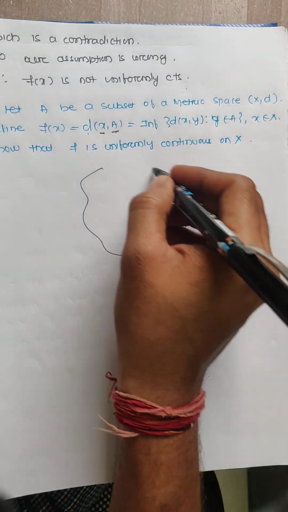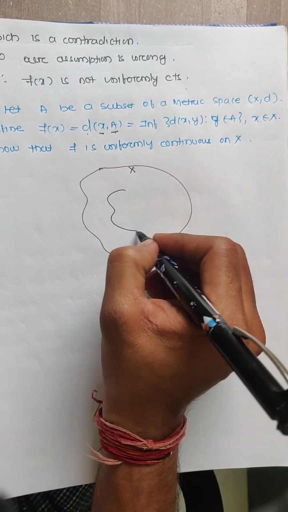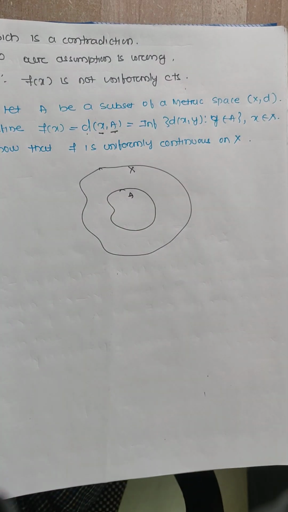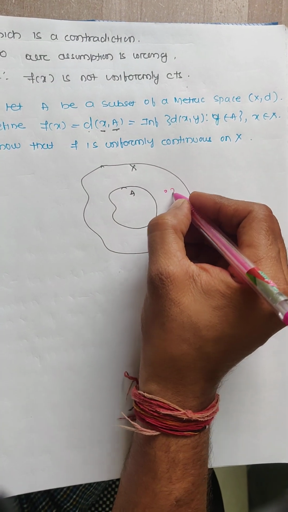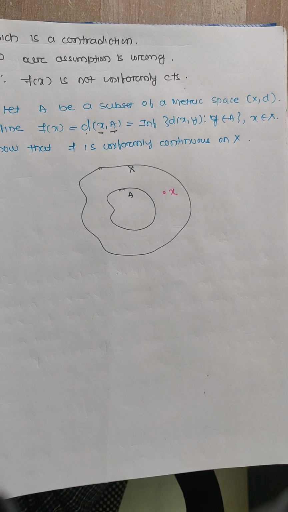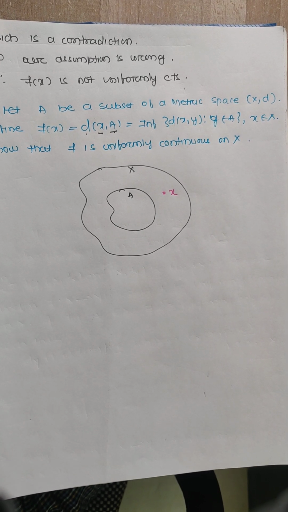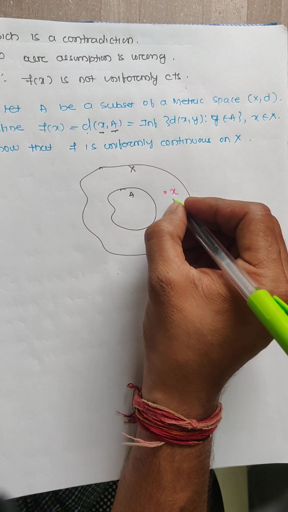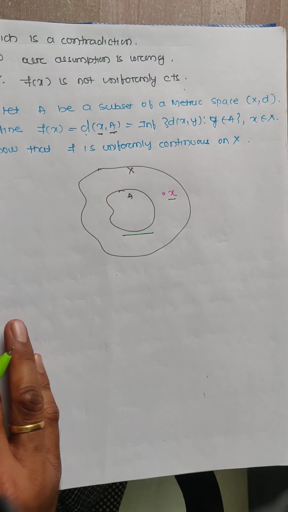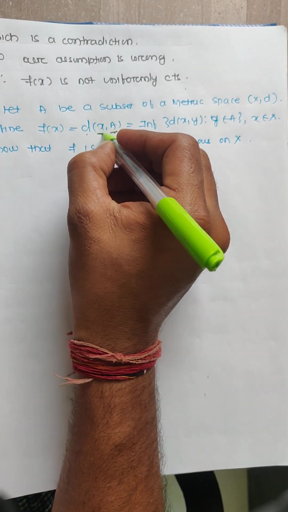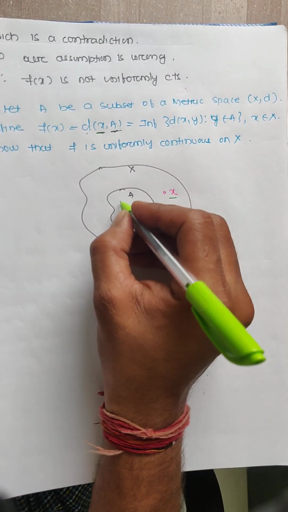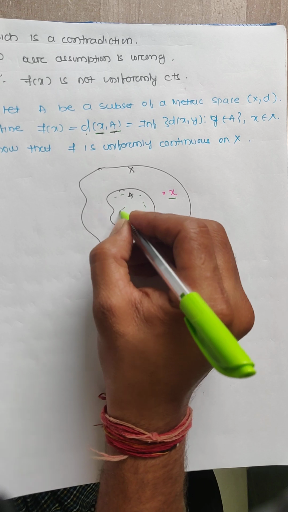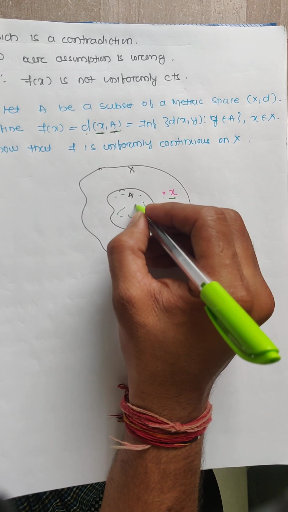Suppose I have a metric space X and I have a subset A. So I take a point x belongs to X. What do you mean by distance between this x and the set A? The distance between x and A is defined as: I take any y belonging to A and find the distance between x and y.